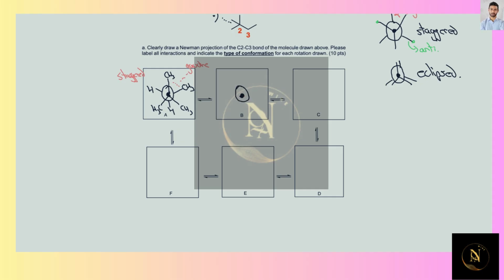So what this is going to look like is the CH3 now is going over here, CH3, CH3, CH3, and we're going to keep the atoms on the carbon 3 on the same positions, CH3, hydrogen, and hydrogen. So this corresponds to an eclipse configuration.